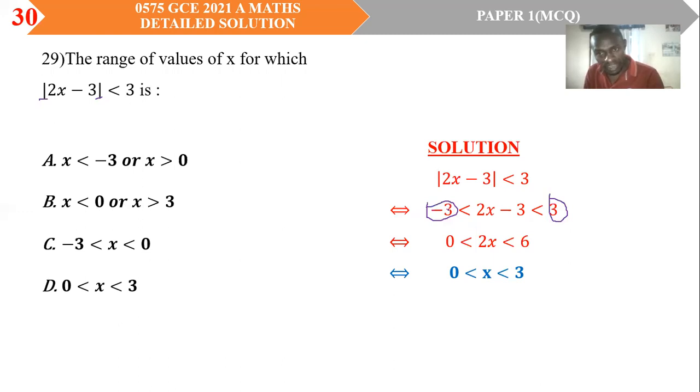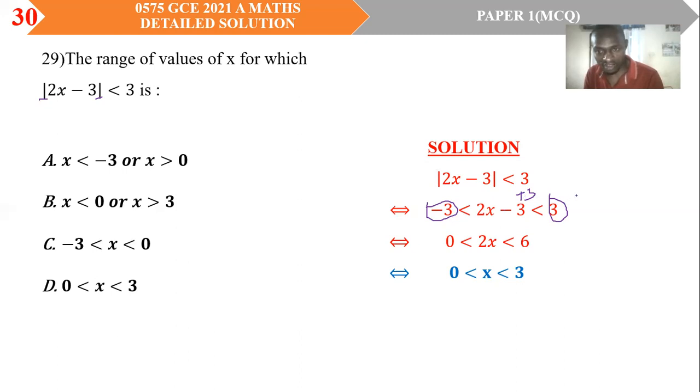Now, having this in mind, we can solve this inequality. We can solve the two parts of the inequality at the same time. To find the range of values of x, if we want to remove this negative 3, we add 3. We know that adding the same quantity on both sides of an inequality leaves the inequality sign unchanged.